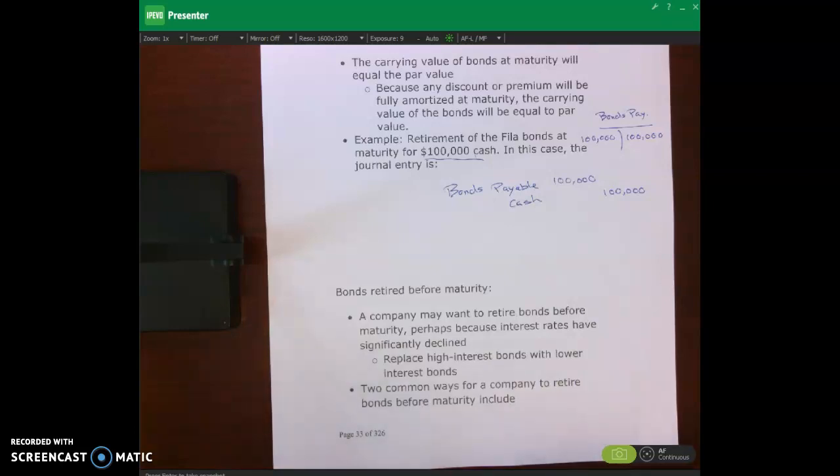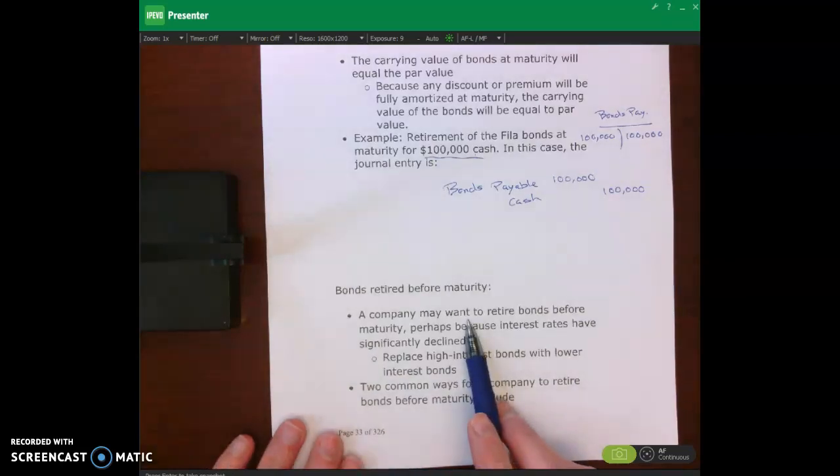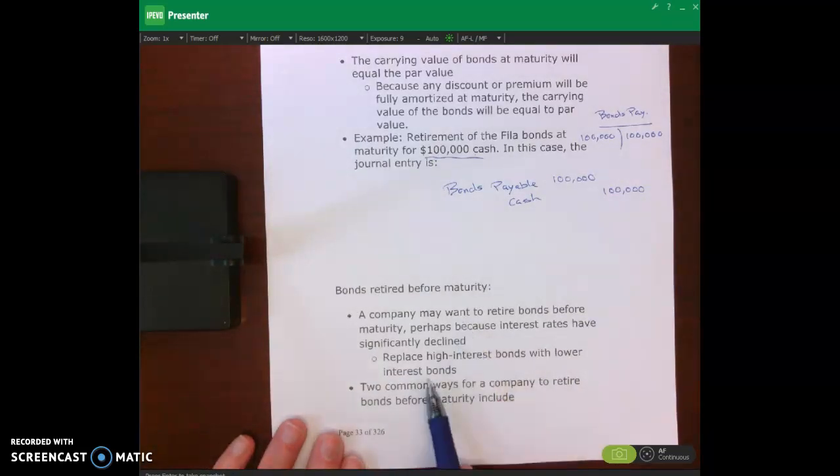So what they could do is retire the bonds early and reissue them at 4% or 5% or whatever the lower interest rate would be. So they may want to retire those bonds early and then reissue them with lower interest bonds.